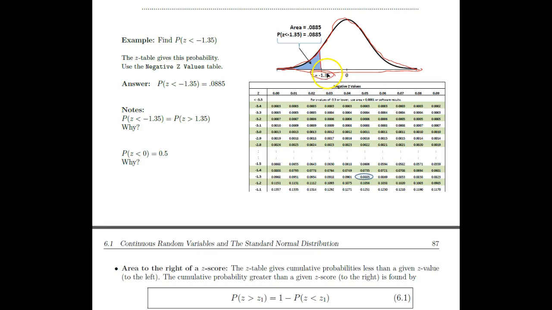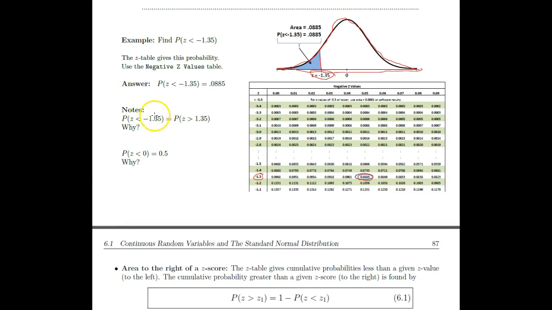Z equals negative 1.35. If you go down your z column, you get negative 1.3. Then you're going to go over to the 5, 0, 1, 2, 3, 4, 5. And there you have it, 0.0885.